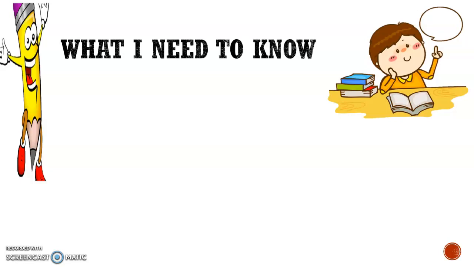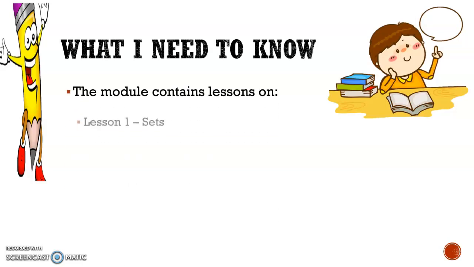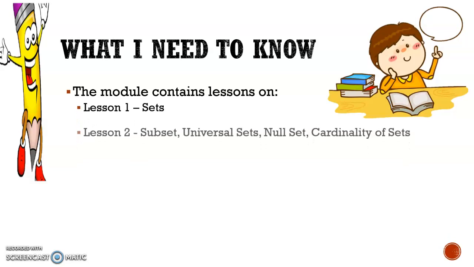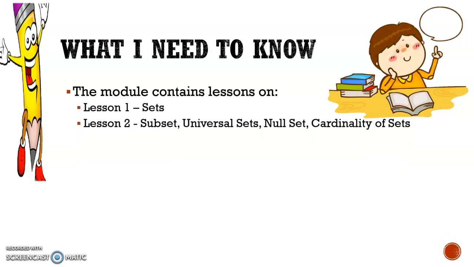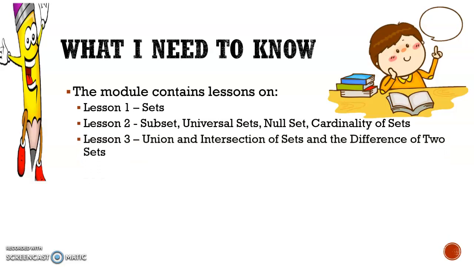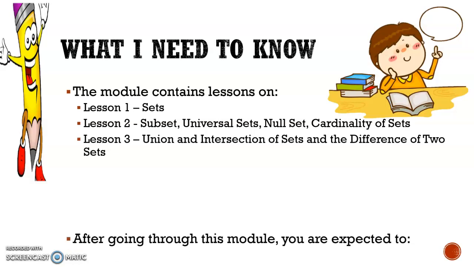Okay, so what do I need to know? What are we going to learn in this module? The module contains Lesson 1, Sets; Lesson 2, Subset, Universal Sets, Null Set, and Cardinality of Sets; and Lesson 3, Union and Intersection of Sets, and the difference of two sets.